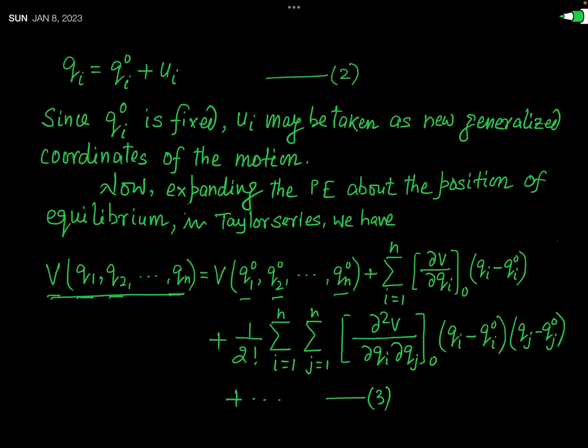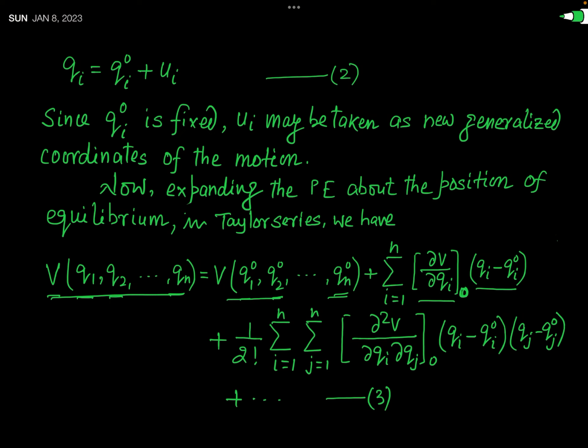You can say, I think you have an idea of Taylor series or Taylor expansion. So this V of Q1, Q2, Qn will be equal to V of Q10, Q20, Qn0 plus summation over i from 1 to n of del Vi by del Qi at 0 times Qi minus Qi0. See here, this subscript 0 actually represents the equilibrium position.